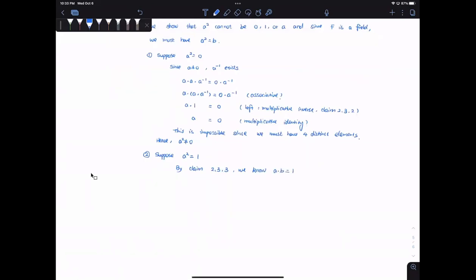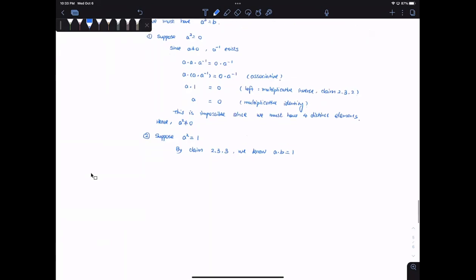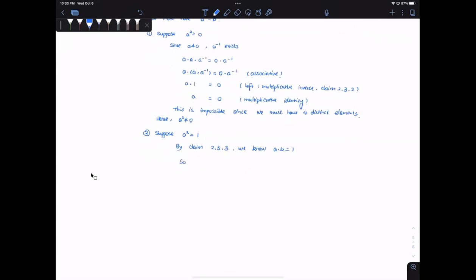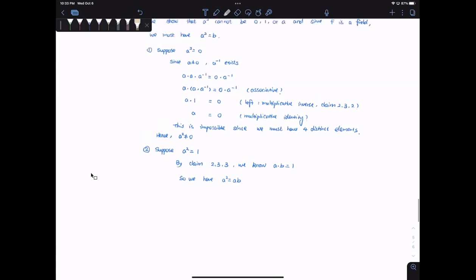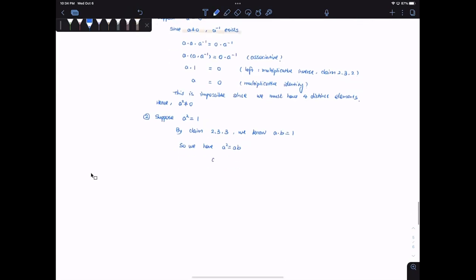Someone confirm, is it 2.3.3? Yeah, okay, cool. We know AB equals 1, so we have A squared equals AB. So now I'm gonna multiply A inverse on both sides. Again, I explained it here already, so I don't need to do it again. I know A inverse exists. So A inverse AA equals A inverse AB.